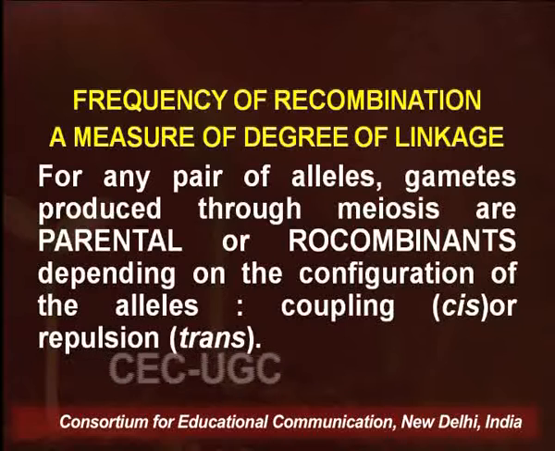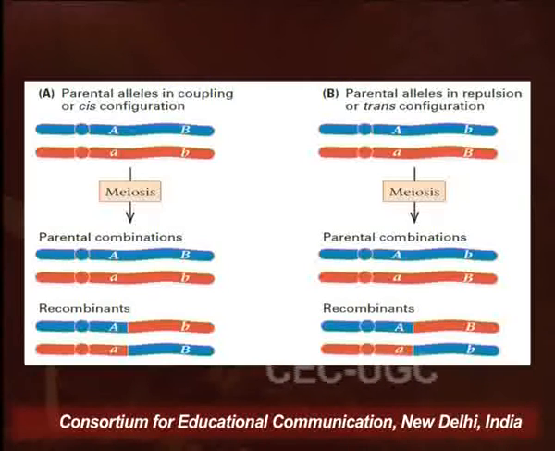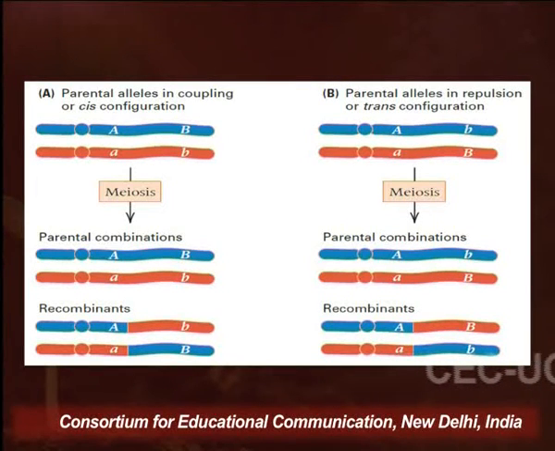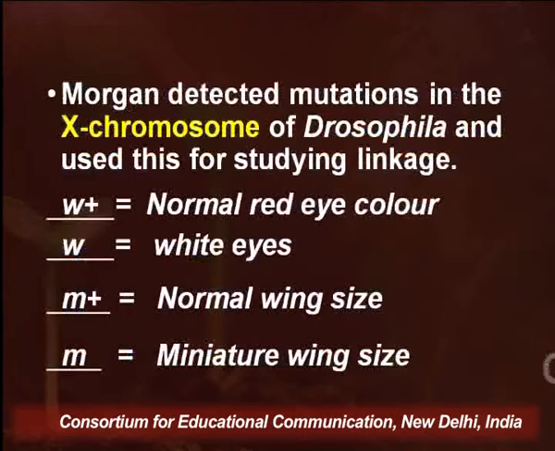We have had a very detailed discussion on this aspect. Just to give you again a brief, if the parental alleles are present in coupling or cis configuration, after meiosis we can have parental as well as the recombinants, and so would be the case if the parental alleles are present in a trans configuration or in a repulsion phase.